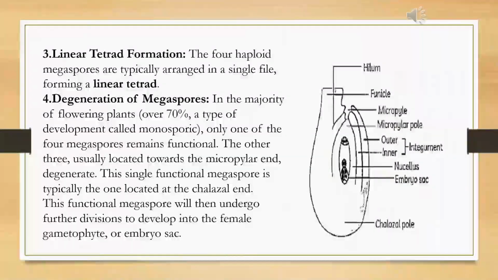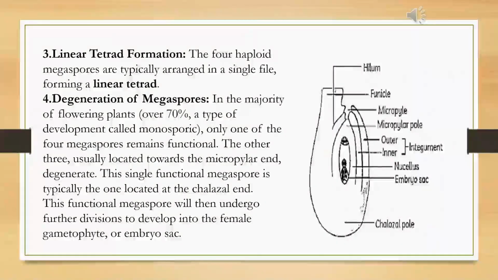The third one is linear tetrad formation. The four haploid megaspores are typically arranged in a single file, forming a linear tetrad.